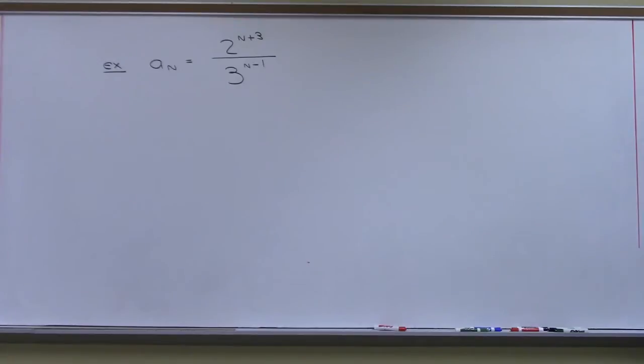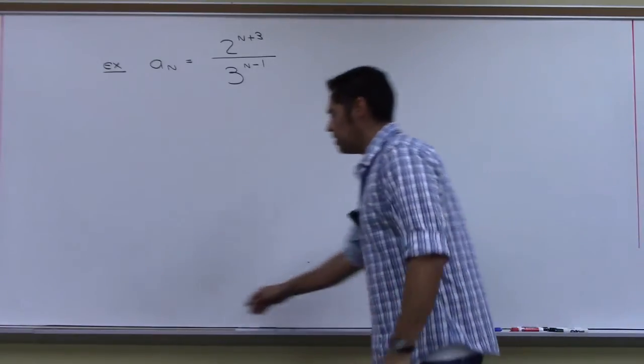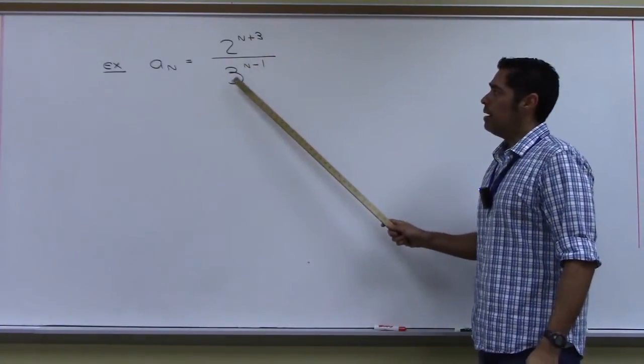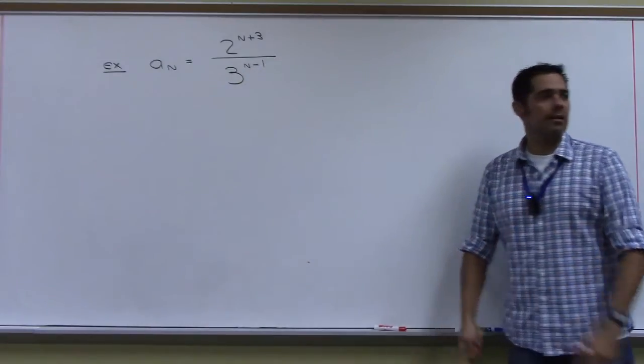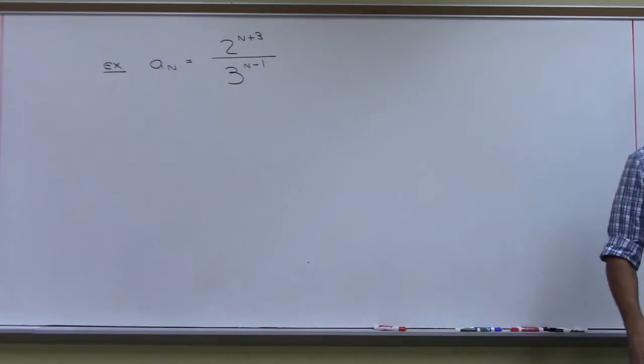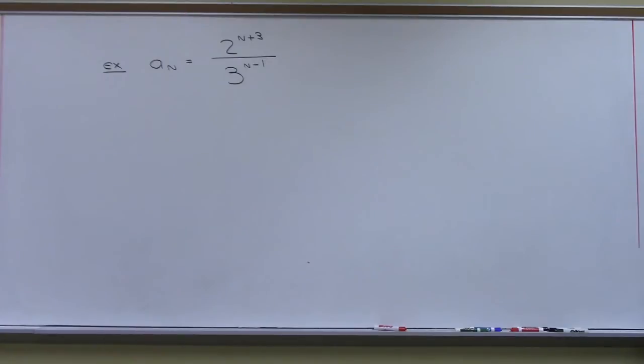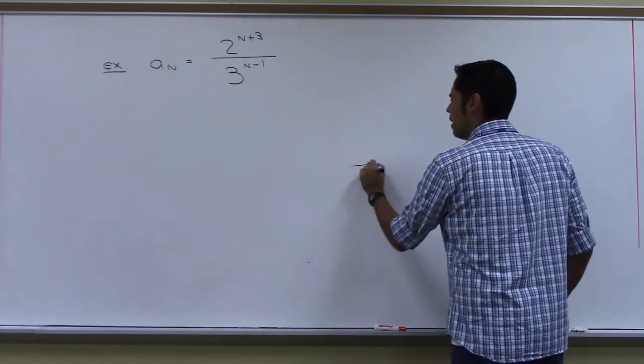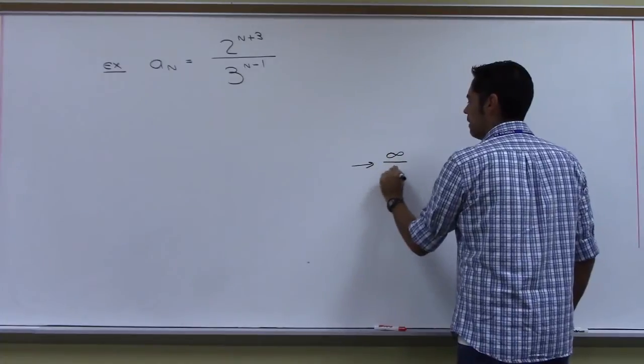What are you thinking? What does the numerator do as n gets bigger? That gets bigger, right? And 3 to a bigger number gets big also. So you have something that looks almost like infinity over infinity, right?